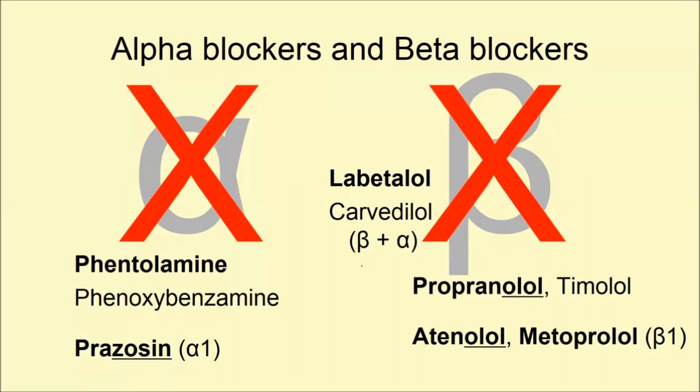So labetalol and carvedilol, okay? So can you all remember this? I want you to take a blank sheet of paper, write alpha X, beta X, and then write P, P, P, all. That's it, okay? P, P, P, all.